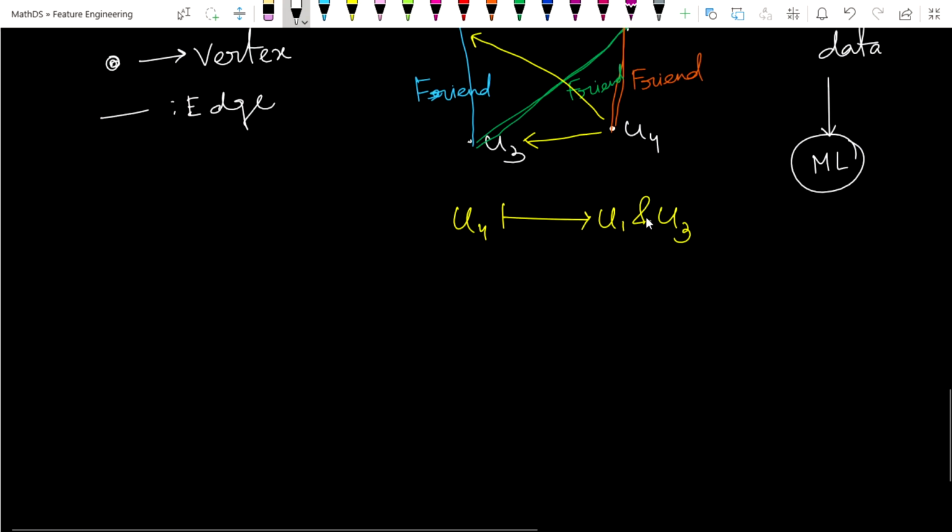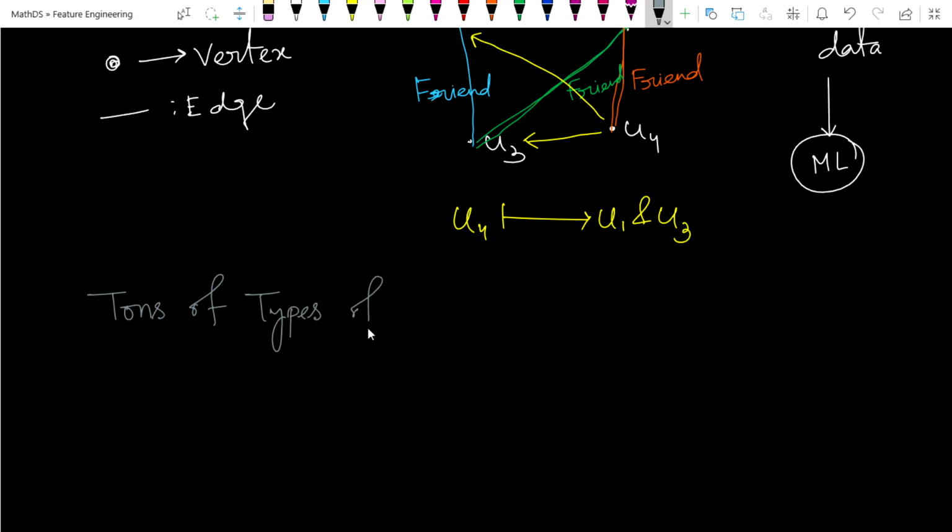I am using this most popular one in machine learning, but there are tons of types of data. These are the most popular ones. The most challenging part is to convert this data into numerical form.